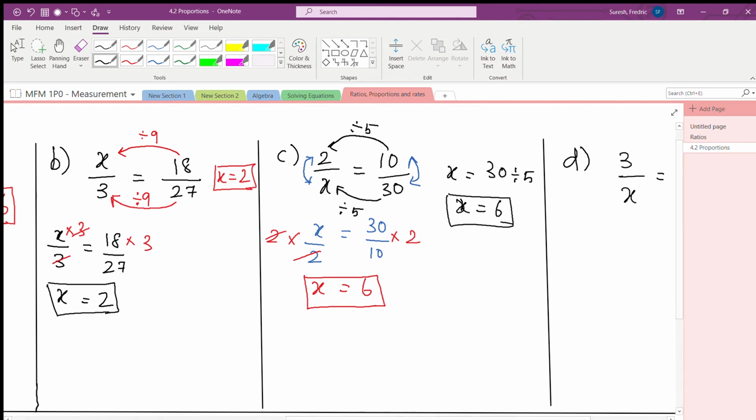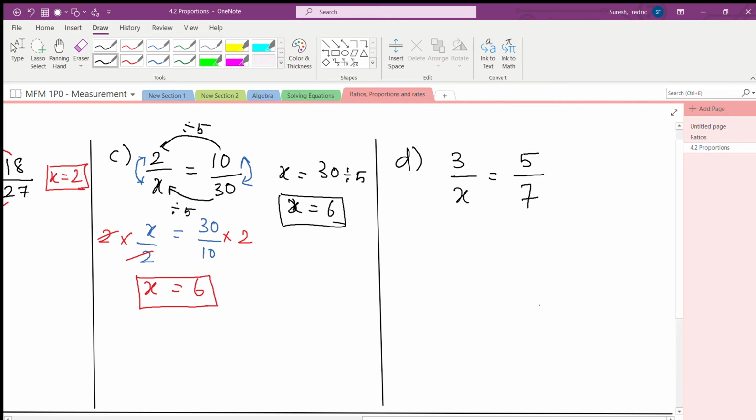In the last example we have here, you don't always get whole number answers for the problems, and sometimes you get decimal answers. And so how do we handle that? First, x is in the denominator, so flip it. So you should get x over 3. What you do on one side, you have to do on the other side. 7 over 5.